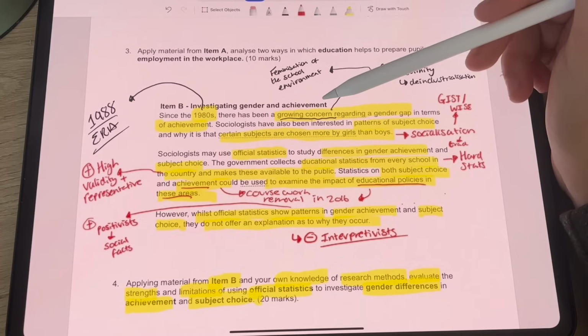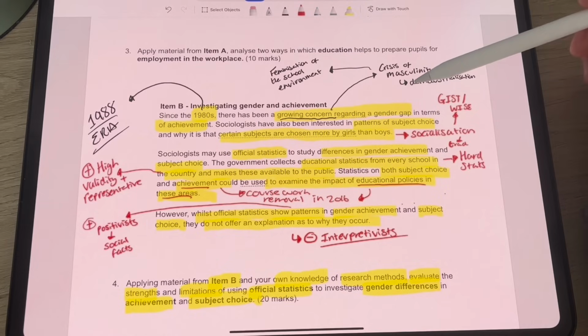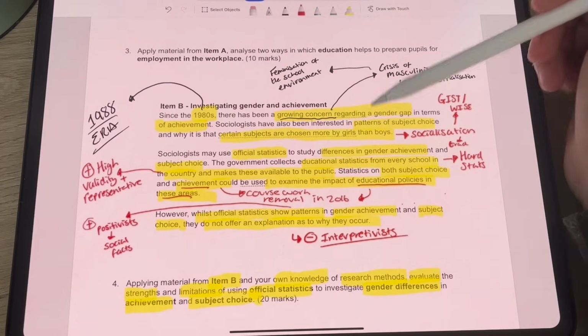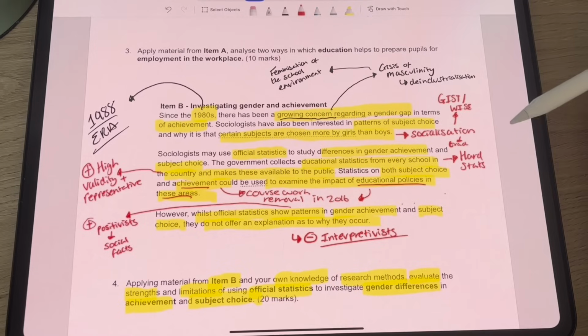So, sociologists have been interested in patterns of subject choice, and why is it that certain subjects are chosen more by boys and girls? So then you can link this to the idea of socialisation. And traditionally, girls were socialised into more subordinate roles in society, therefore they'll be socialised to go into more subordinate careers.